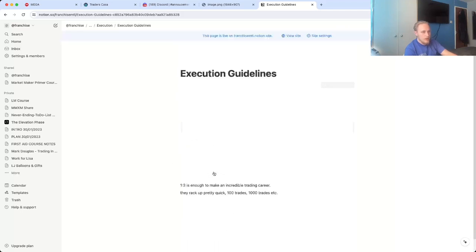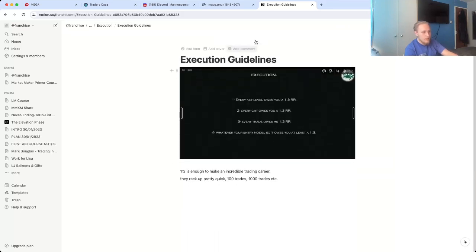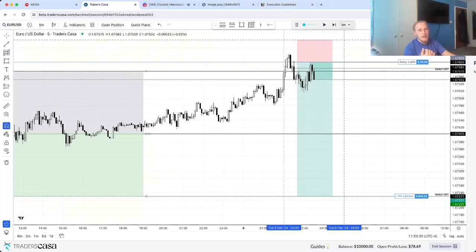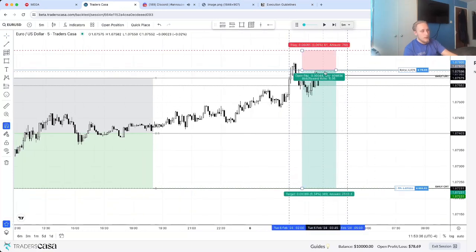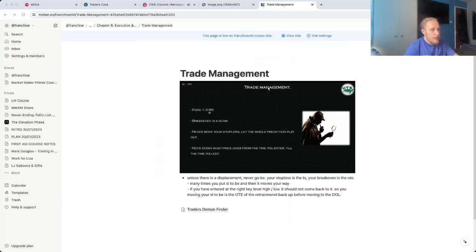Okay, anyways, no, I can't find it. He says break even is a scam. Break even is OTE. The turtle soup with a high is the turtle soup. So this would be optimal trade entry. Let me pause it quick. Right, found it. Like I said, break even is a scam.